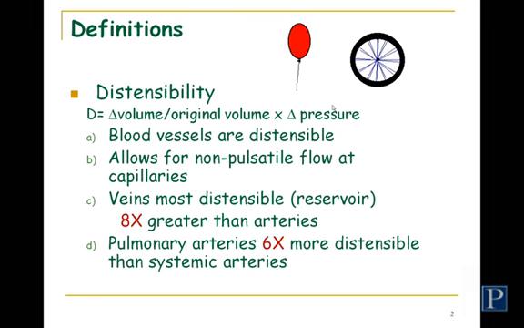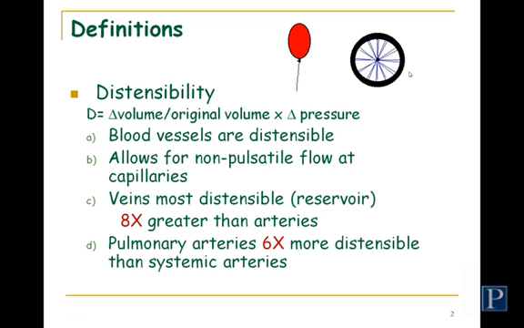Distensibility is a concept associated with how easy it is to stretch something, to distend it. Think about the difference between a balloon and an automobile tire or a bicycle tire.